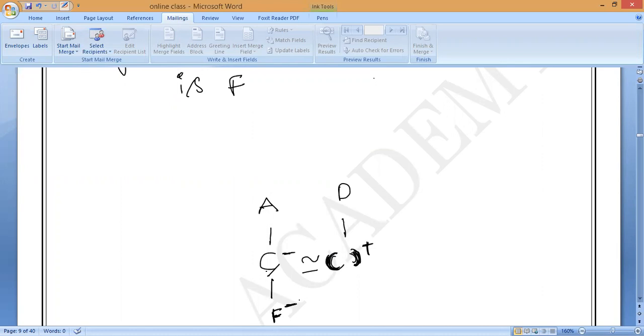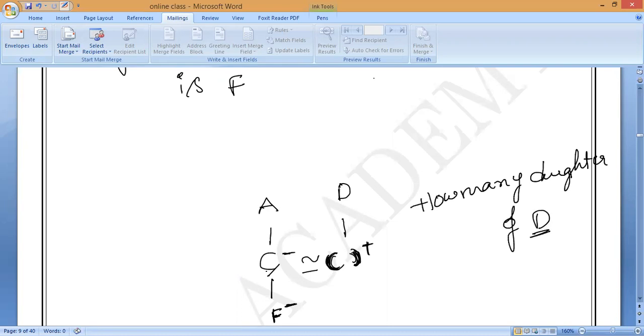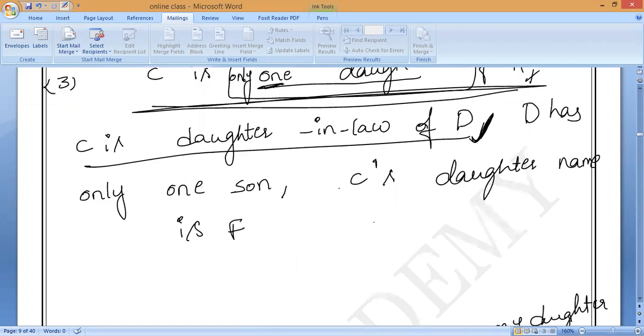Okay. So the question is, how many daughters does D have? Here it is mentioned D has only one son. How many daughters?